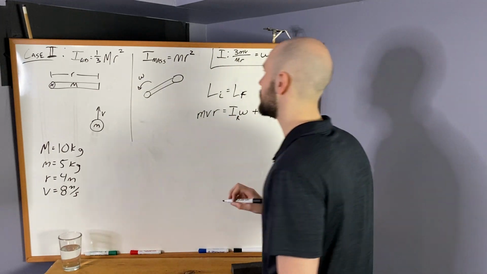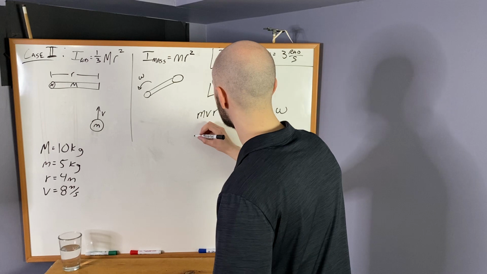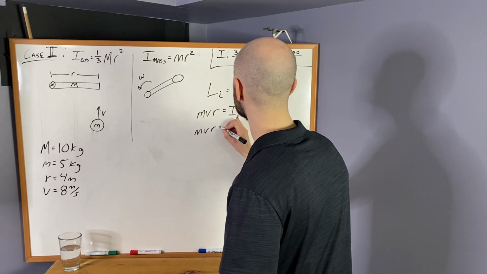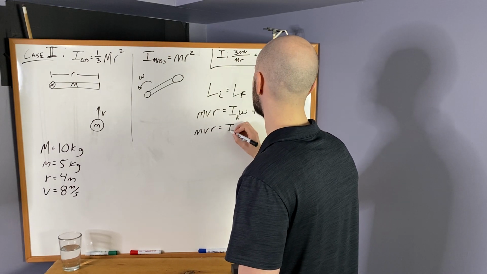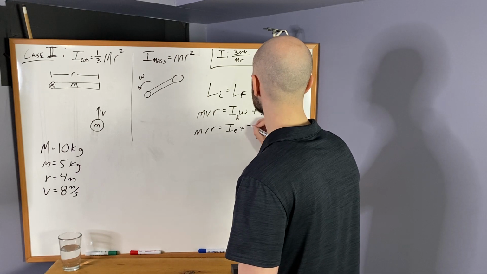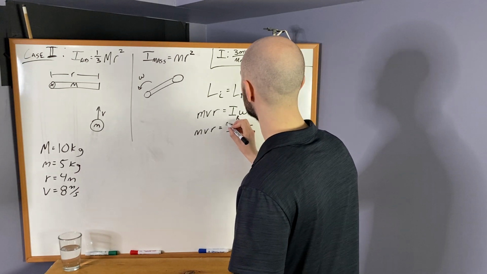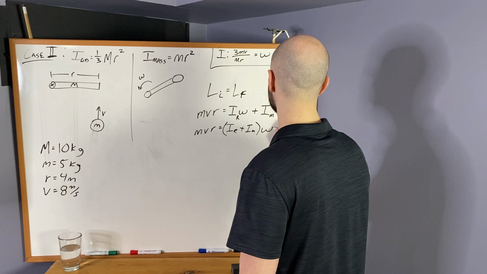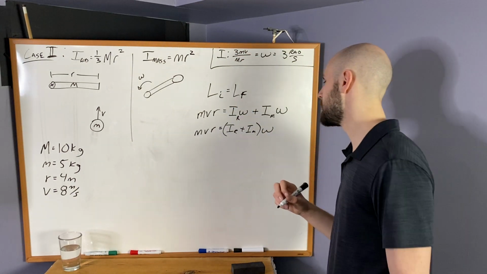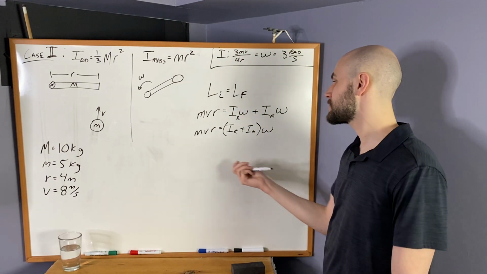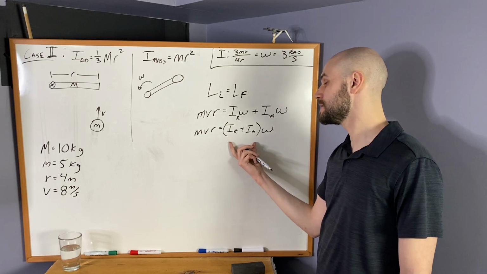All right, so we can factor out the omegas. We could say mvr is equal to I of the rod plus I of the point mass, all multiplied by omega. And with this, we actually arrived at another way that we can look at this system.